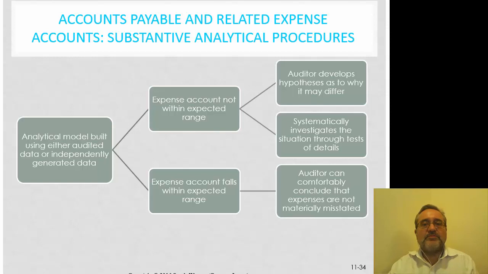In accounts payable, the first thing that we want to consider is how much of our substantive procedures can be performed through analytical modeling. Analytical models using either audited data or independently generated data specifically related to expenses, expense accounts, and essentially what we're looking for is through a ratio analysis to determine if these expenses fall within a specific range.